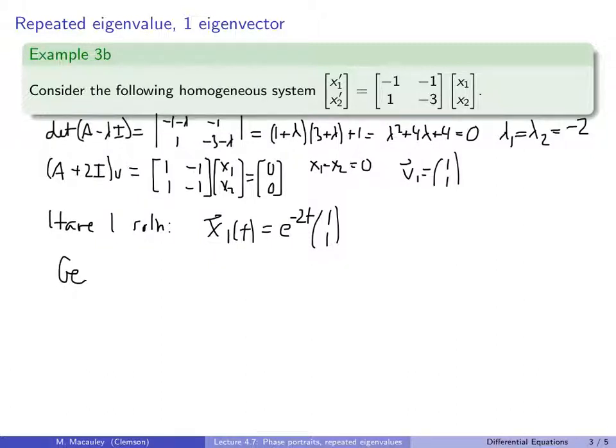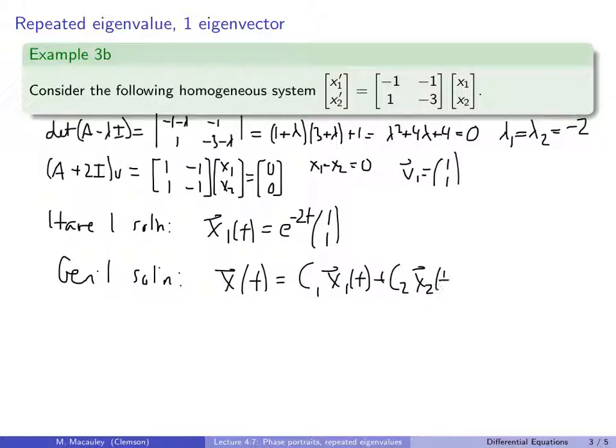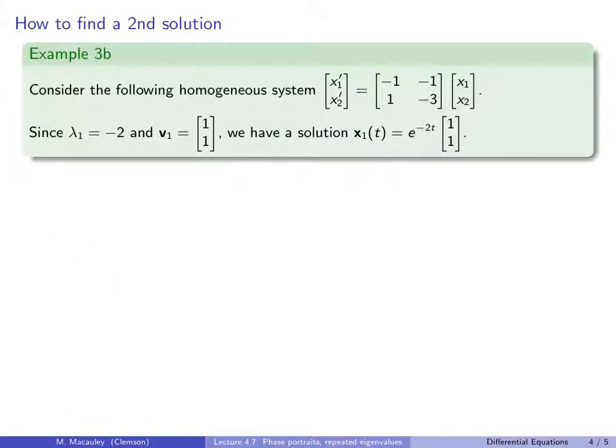So the general solution is x of t, it has to be c1 x1 of t plus c2 x2 of t. And we know what this is, but somehow we have to cook up a second solution so we can complete our general solution. Okay, so to summarize, we have one solution and we need one more. So how do we find the second solution?